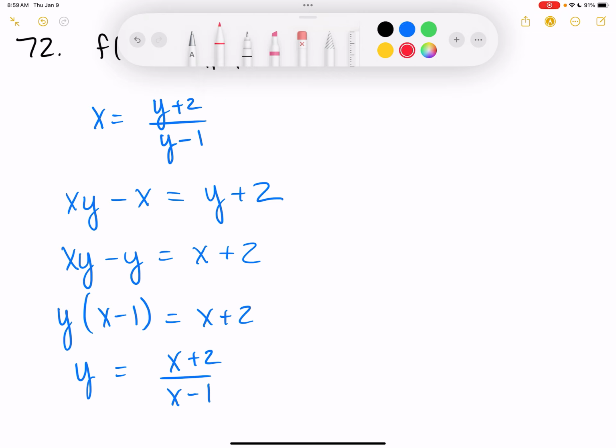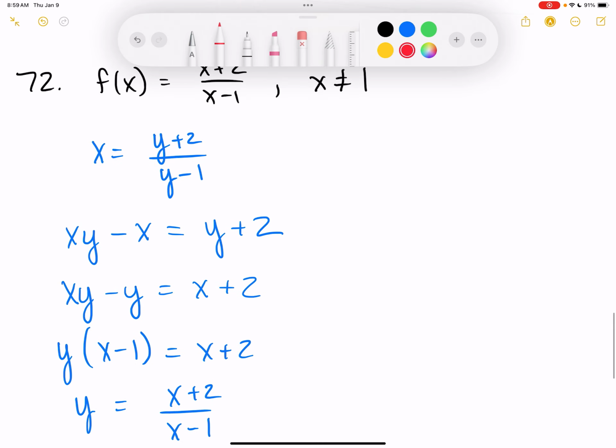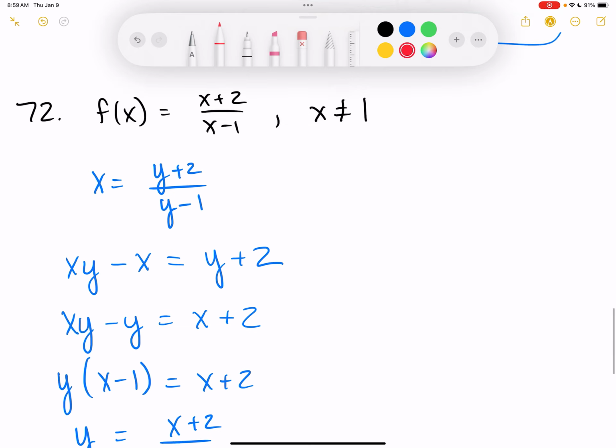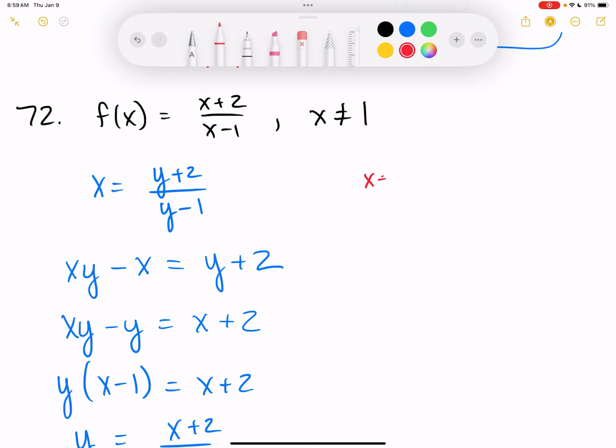So let's just check this one: one, extra checking practice, and two, let's just verify that we did it right. I'm only going to check it one way. So I'm going to plug in x plus 2 over x minus 1 up here, what I just found up here. So x plus 2 over x minus 1 plus 2 over x plus 2 over x minus 1 minus 1.